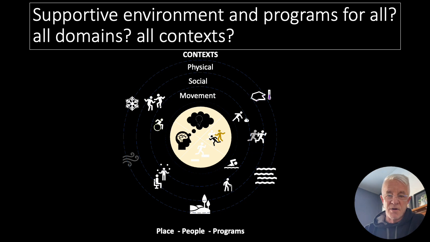This little diagram here helps you realize that it's the person-context interaction that is critical, that as pedagogues we create. We create environments for people and programs in those environments through the training that we have, our pedagogy, and deliver those things. So this interaction between these contexts is really critical to consider.